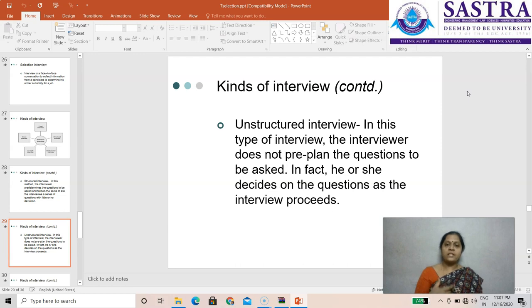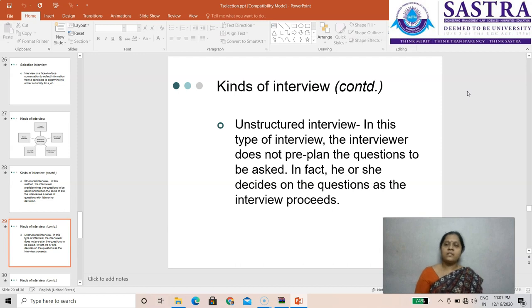In fact, he or she decides on the questions as the interview proceeds. Interviewers generally avoid asking the same or similar questions, and qualities like analytical skills, presence of mind, and motivation are all tested in this unstructured interview.